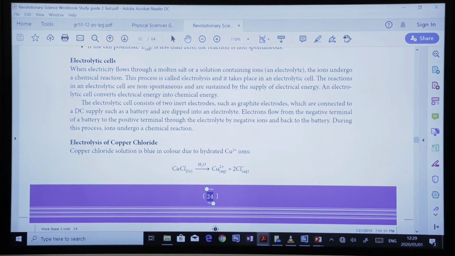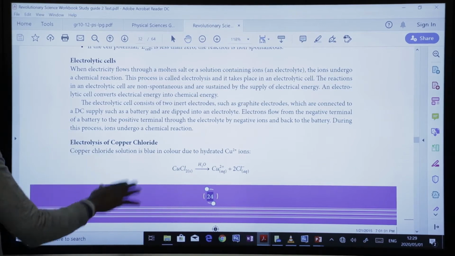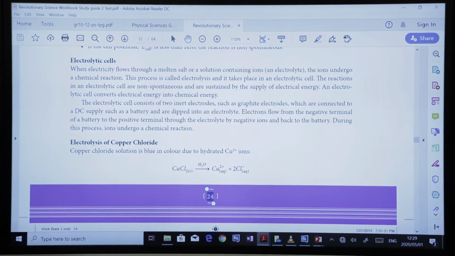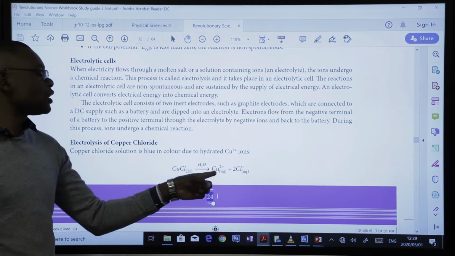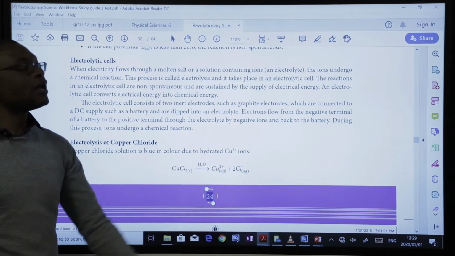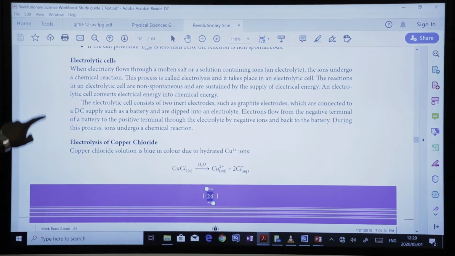So here's an example where we are talking about electrolysis of copper chloride. Copper chloride solution is blue in color, and when it is hydrated, we've got copper 2 plus ions in solution. So here we've got copper chloride, put it in a solution, it gives you copper 2 plus ions and chloride ions.